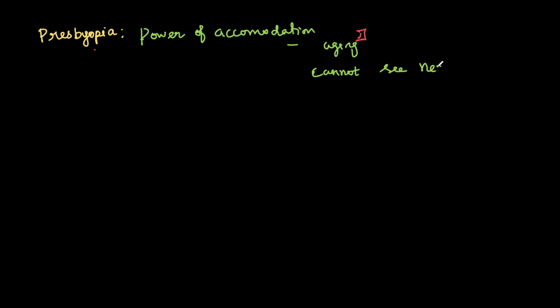We have another defect, presbyopia. Presbyopia means the power of accommodation of the eye decreases due to aging. That causes presbyopia, so they are not able to see nearby objects. This problem arises due to age.